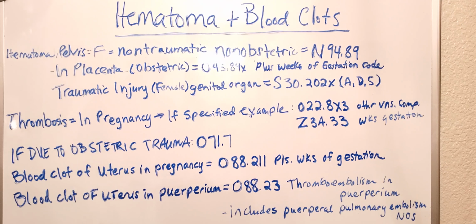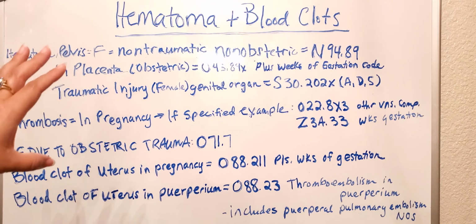Okay, so if the provider documents that the patient has a hematoma of the uterus, the way to find that code is this way: hematoma, pelvis, female.